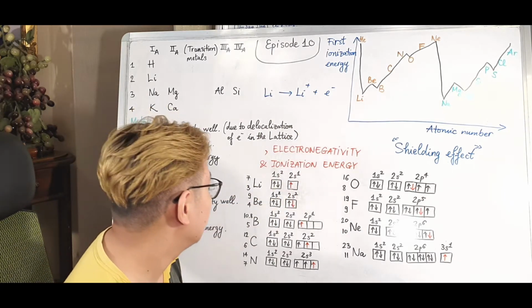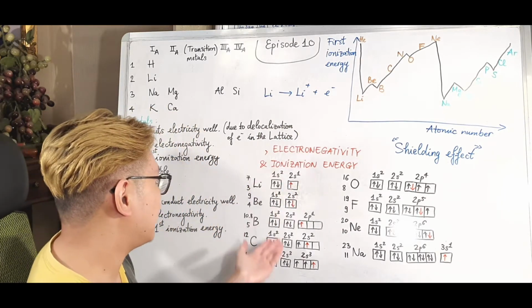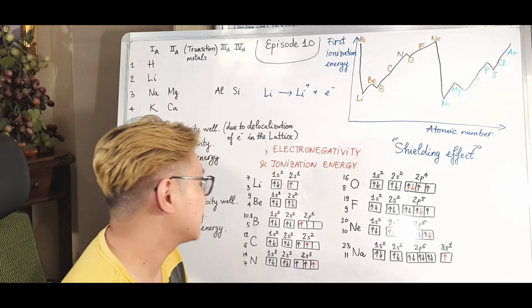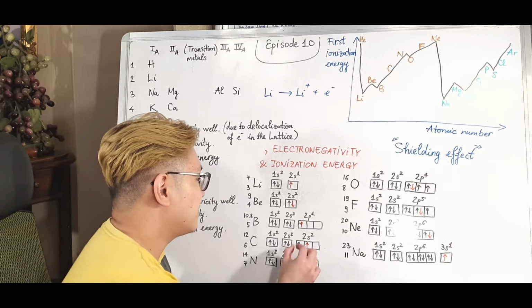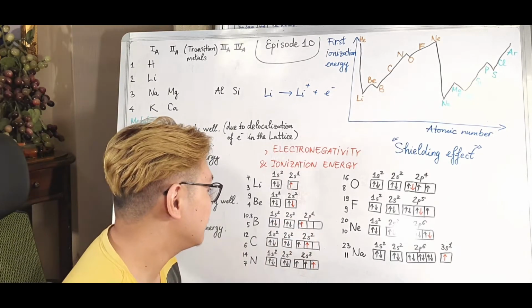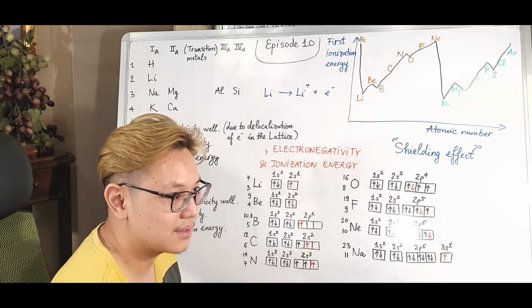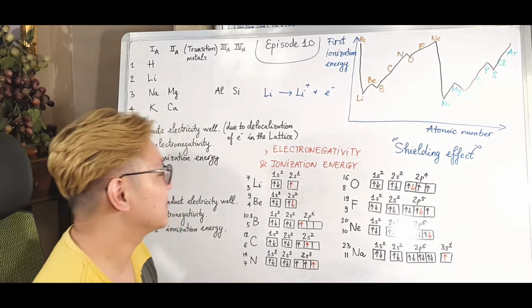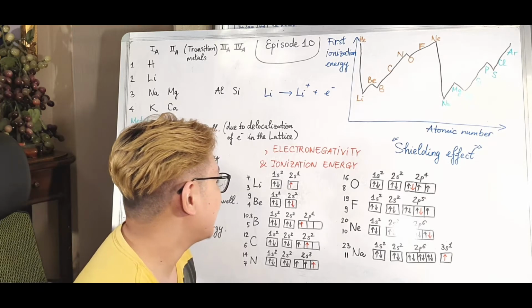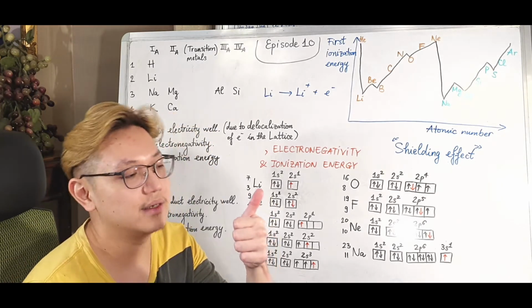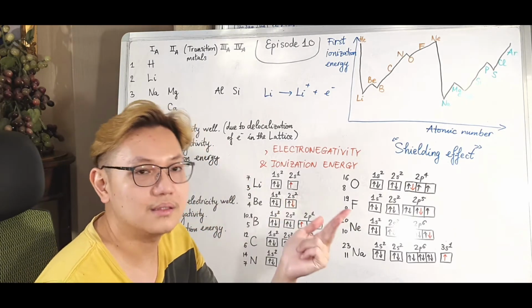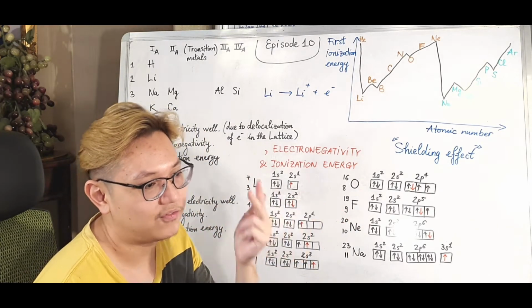The same thing applies to a lot of other elements. If you want to remove the last electron you put into the electron configuration, that energy required is called ionization energy. So we have first ionization energy, second, third, fourth, fifth, and so on.